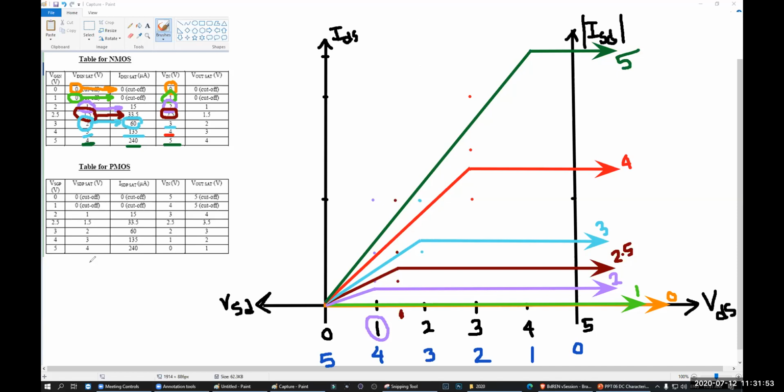Now for my PMOS part, I have to do the exact same thing, okay, but in opposite manner. So first of all, for 0, I have to choose the exact same color again.